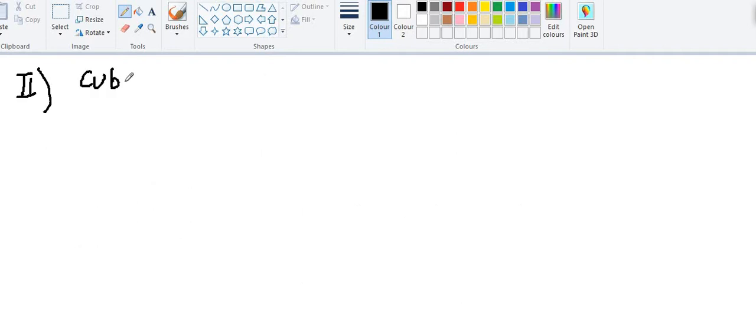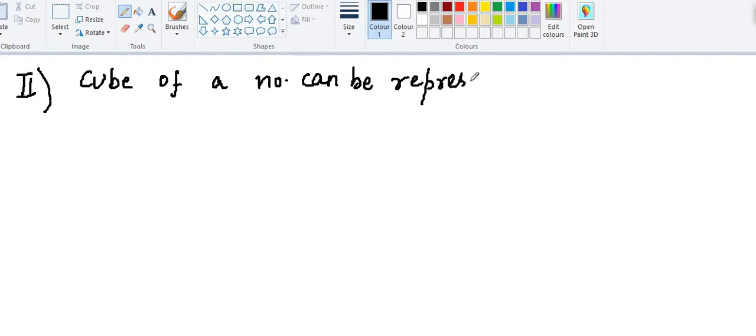Cube of a number can be represented as sum of consecutive odd numbers.